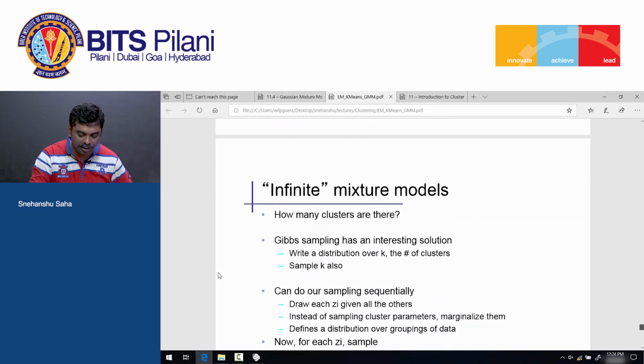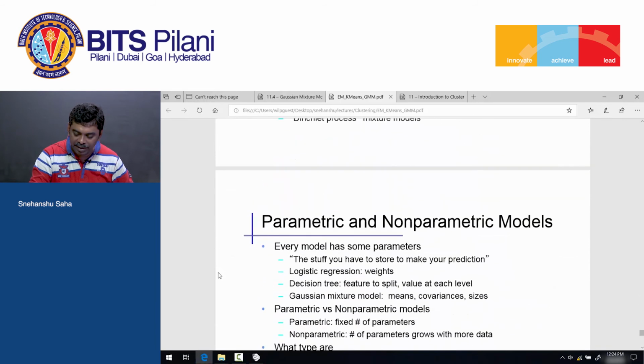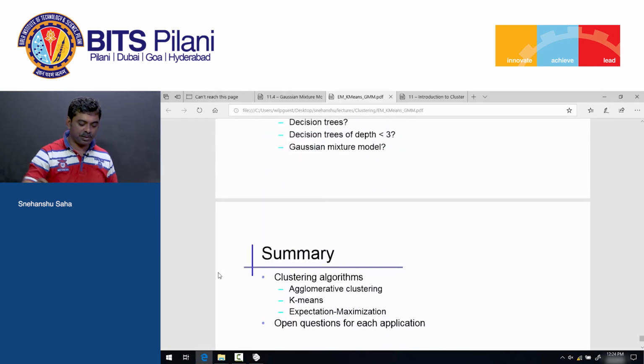Like for example, Gibbs sampling, infinite clustering, and so on and so forth. Okay, all right. So that brings us to the end of expectation maximization, Gaussian mixture model, and k-means. So basically, what I wanted to do was show k-means as a special case or a variant of the expectation maximization algorithm. Okay.